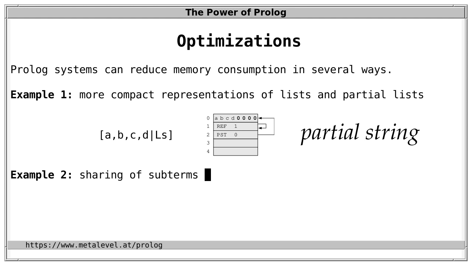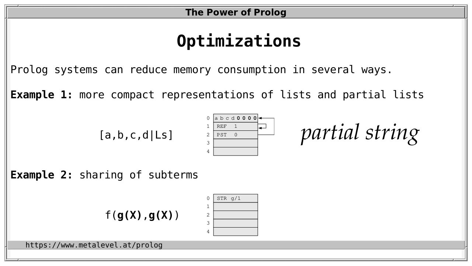Or as another example, a Prolog system could share subterms. For instance, if you have the term f of g of x, then clearly the subterm g of x needs to be stored only once. So we represent g of x as the structure g with one argument, a variable, and the outer term can simply refer to g of x in both arguments.